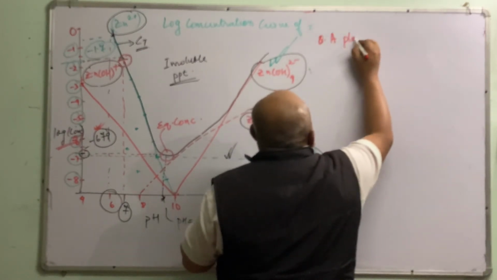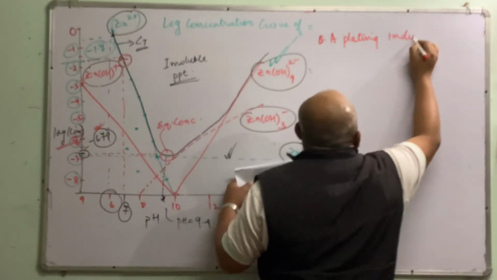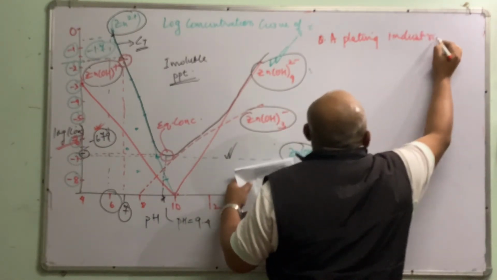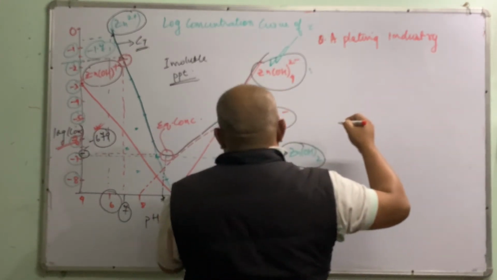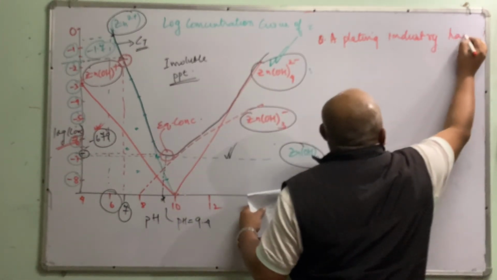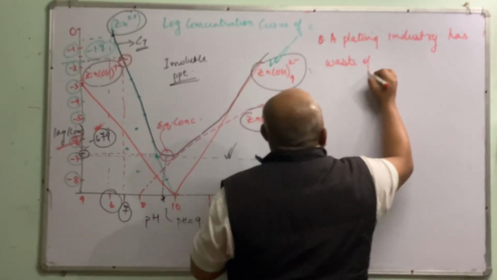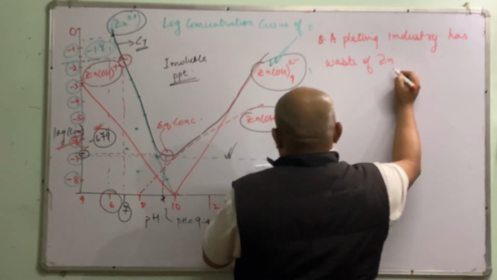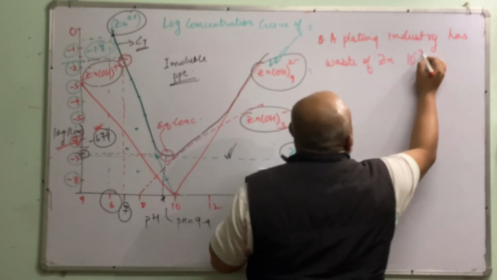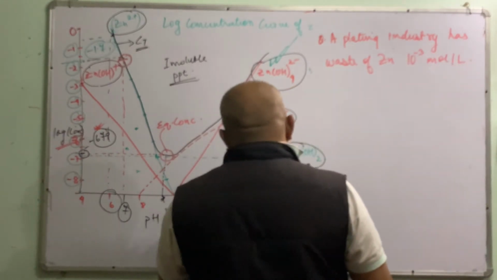A plating industry has waste of zinc 10 to the power minus 3 moles per liter.